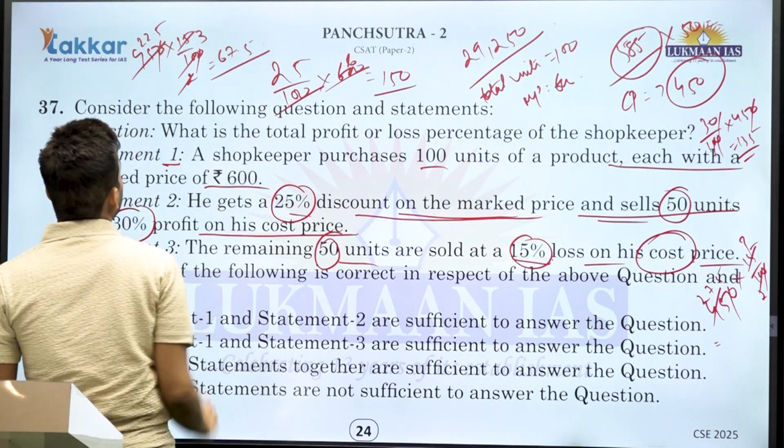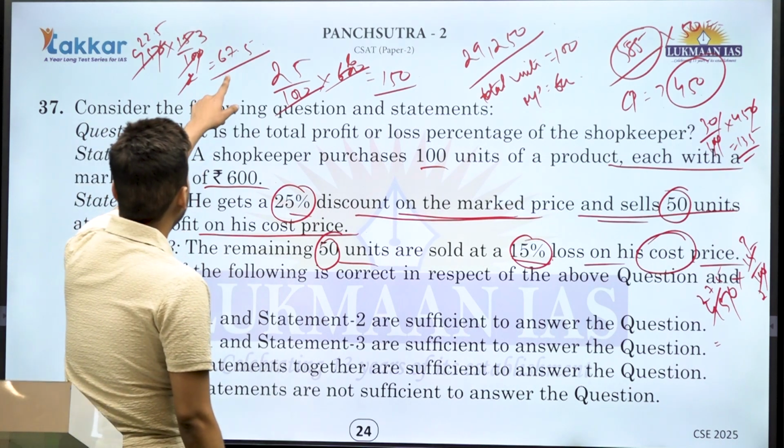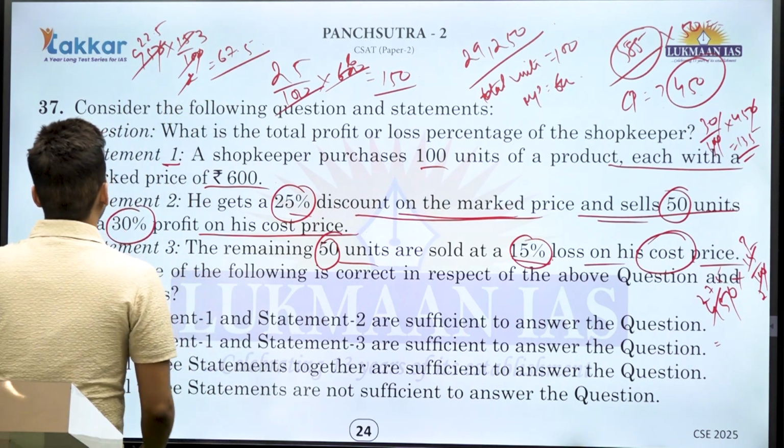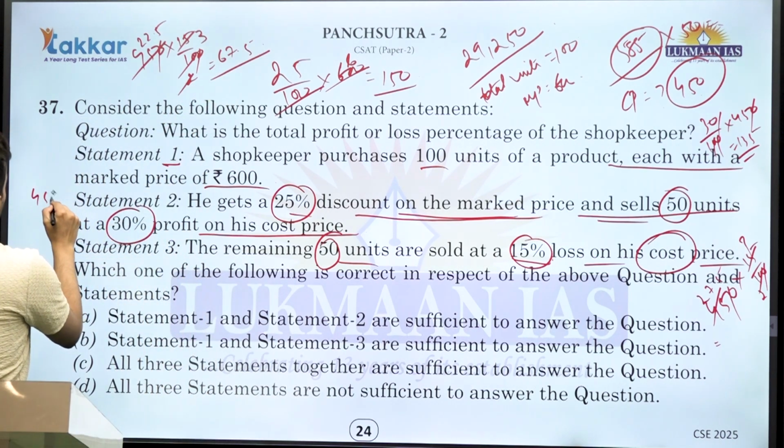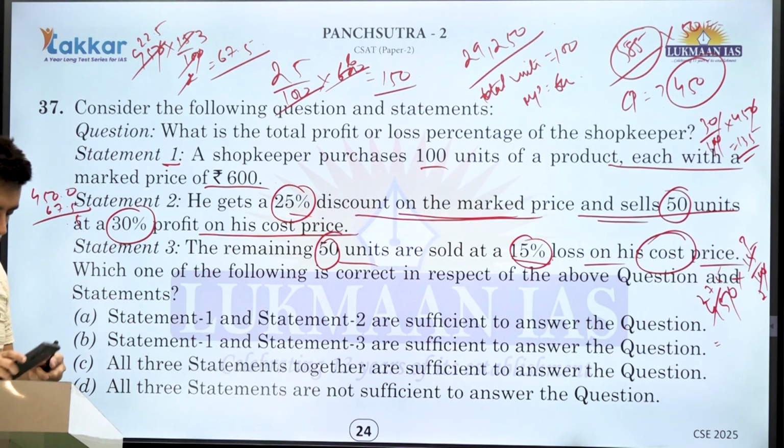Okay. So we will subtract 67.5 from 450. Let's do it a little bit faster. 450 minus 67.5 is 382.5.